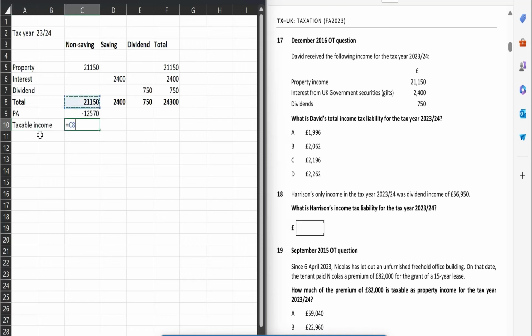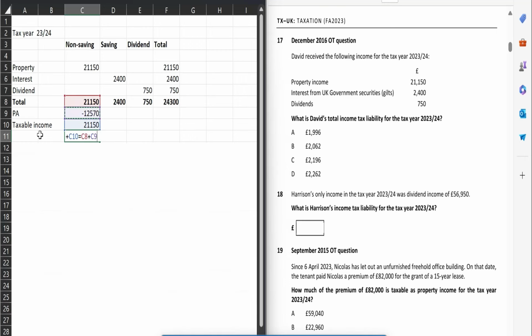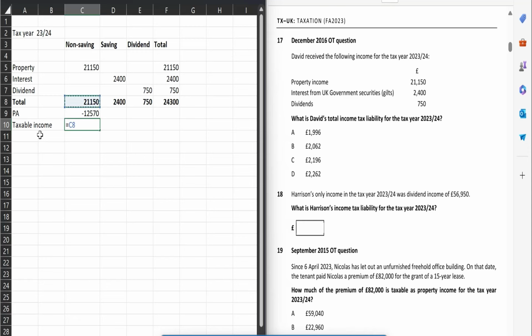Taxable income will be, we will add this on, and deduct the personal allowance from this as well.